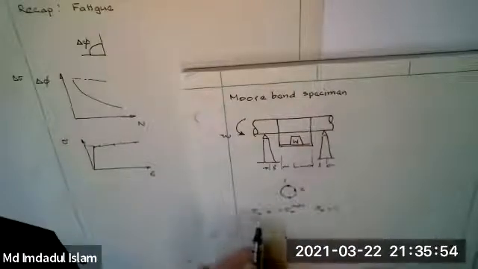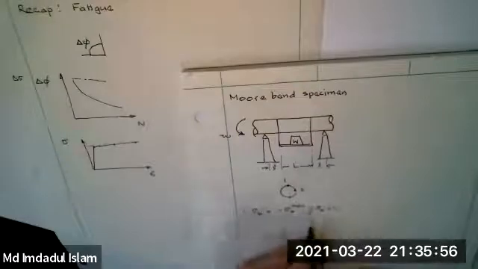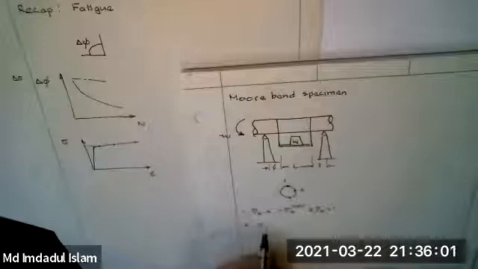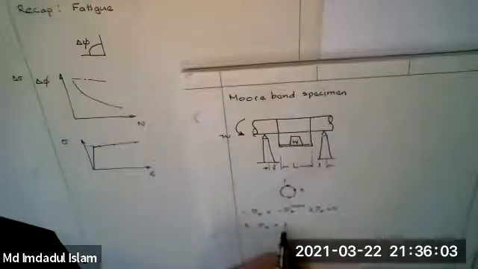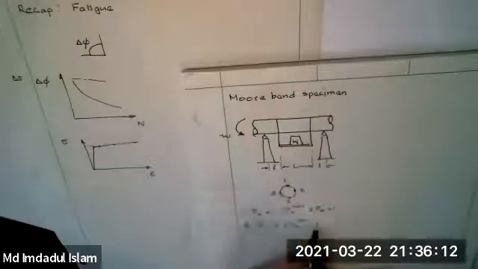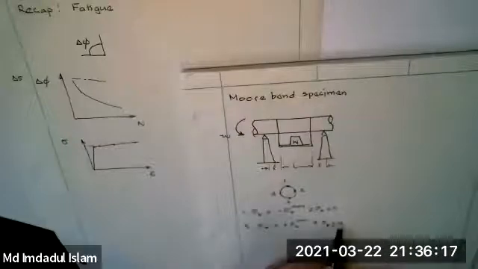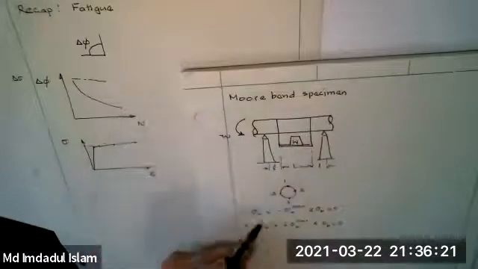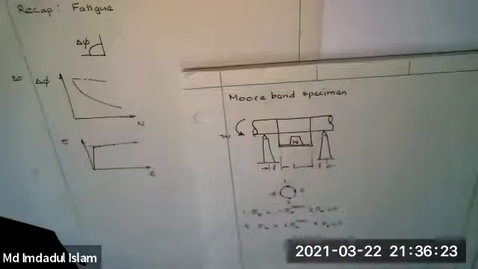At 3, now it's on the bottom, it's in tension. And at 4, it's got back to the neutral axis. So as it rotates, it goes through these 4 stress states, and so it's got an alternating stress.